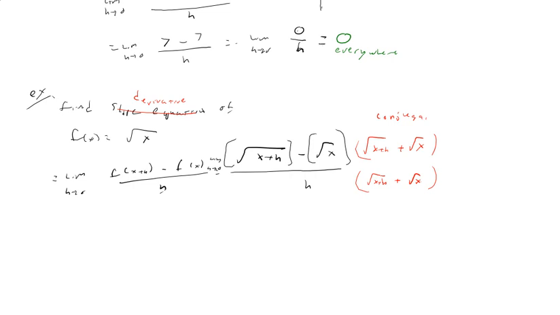So I'm going to have the limit as h approaches 0 of the top part. When I multiply these two together, it just becomes x plus h. The square root goes away. Radical times radical becomes itself.